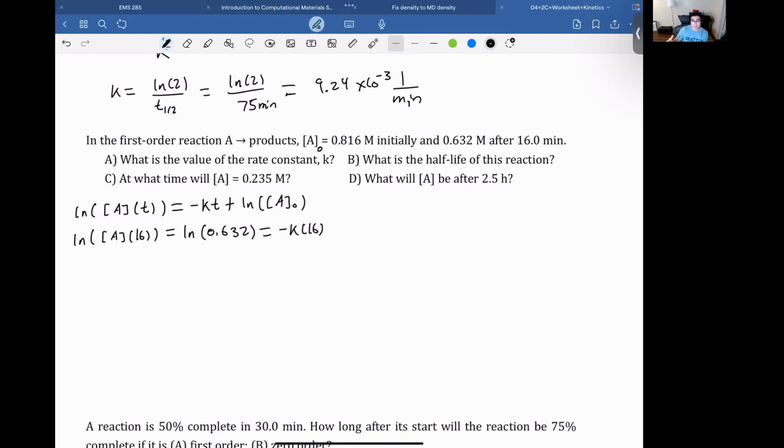Just like in normal function notation, if you have f of x and you want to know what f of 1 is, you plug in 1 wherever x is. It is the same thing here. I'm plugging in 16 where t is, and then plugging in the initial concentration, 0.816.